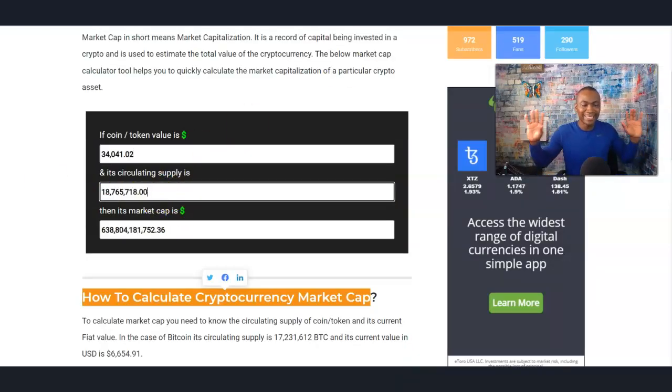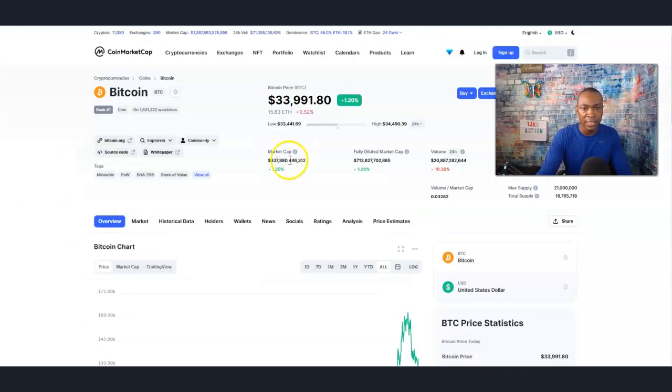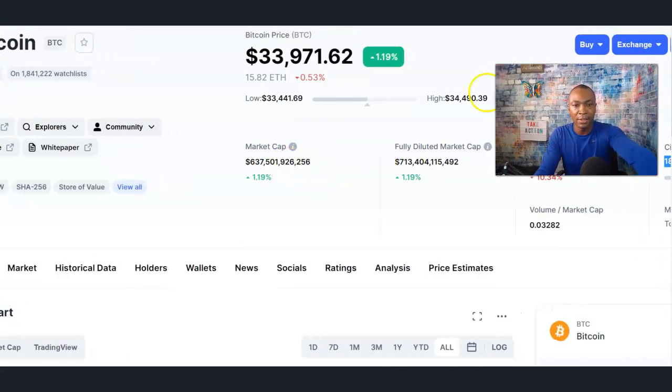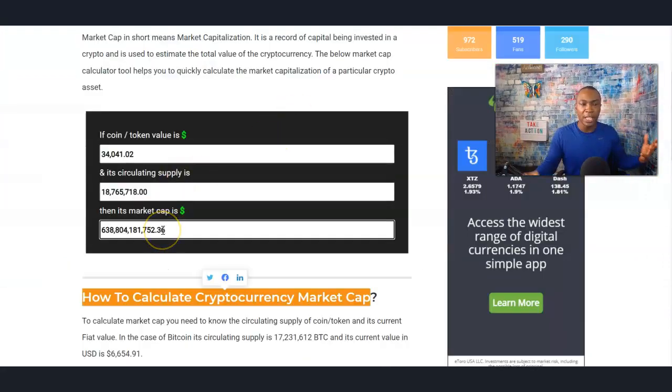Okay, so now that is the circulating supply, and we have the actual price of Bitcoin. And check this out. The market cap is that. So it's pretty close. Even though the price is changing as we speak, it's pretty close.